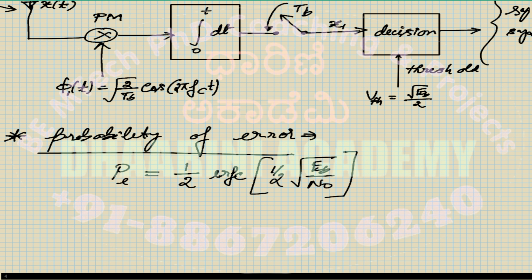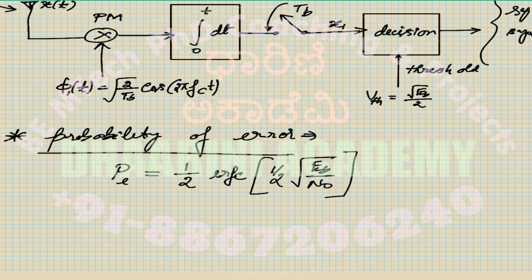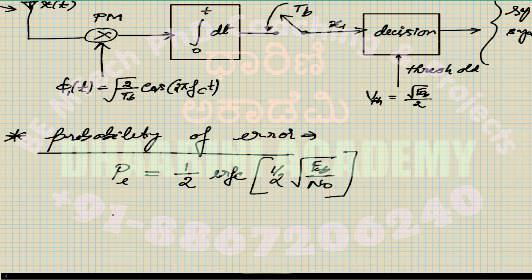That is the equation for the calculation of the probability of error for ASK. Here N naught is defined, where N naught by 2 is nothing but the variance of the noise.